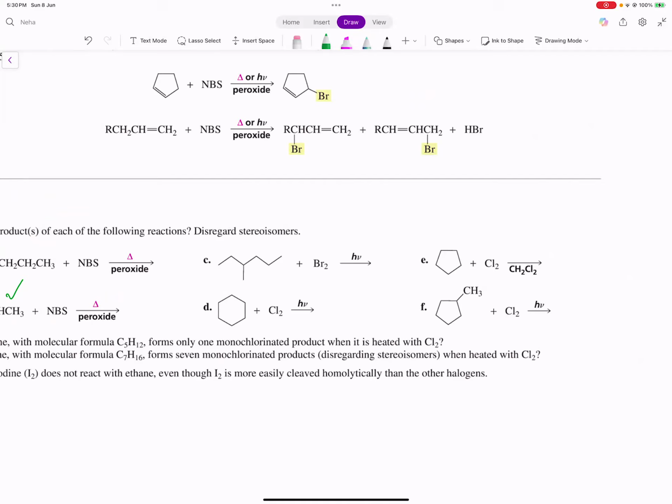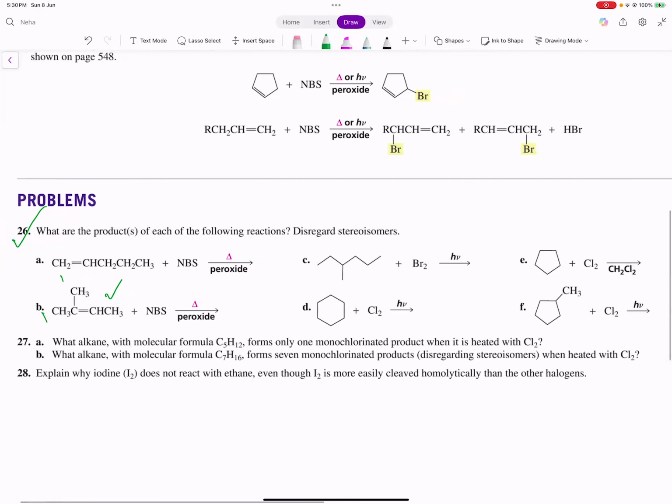I don't think there will be any product formed, because we won't be able to generate free radicals. Yeah, that's what I got. That's correct. I think either they missed a double bond.